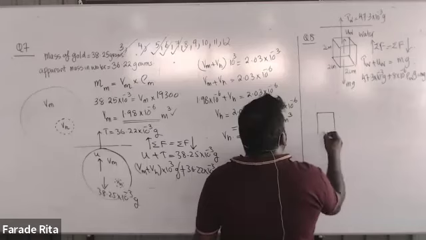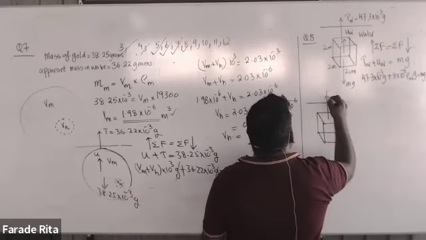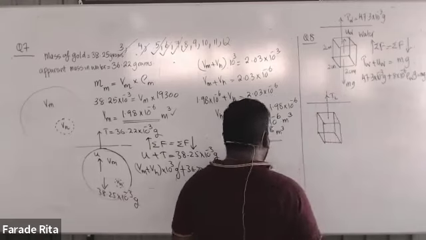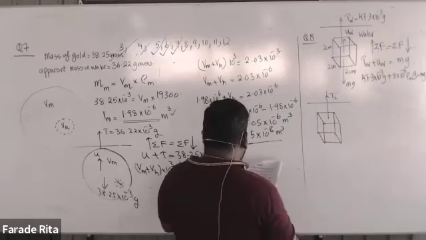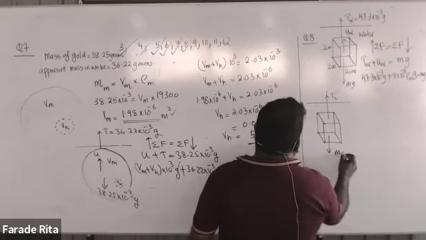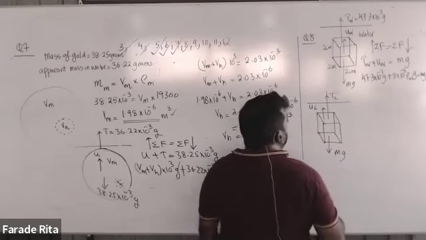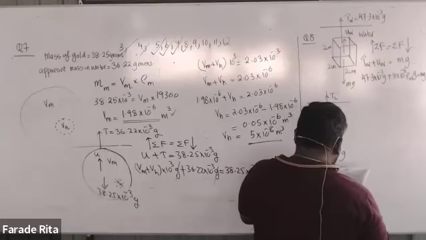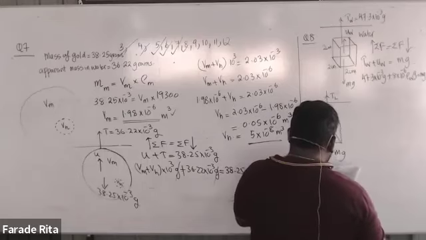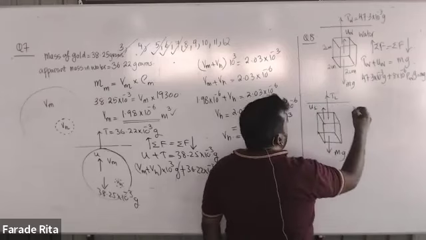Now I fully submerge the cube in a different liquid. What's the liquid? Glycerine. Weight of the object will not change. Upthrust, of course, will change because density changes. They are asking what will the mass appear, that means apparent weight in liquid.